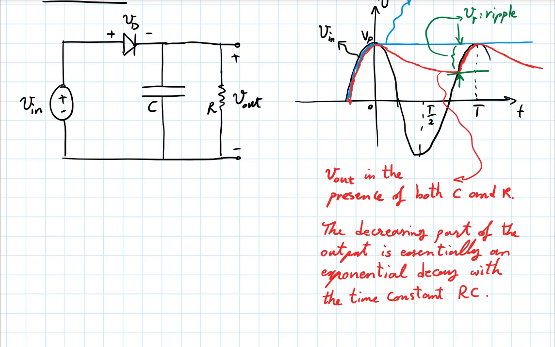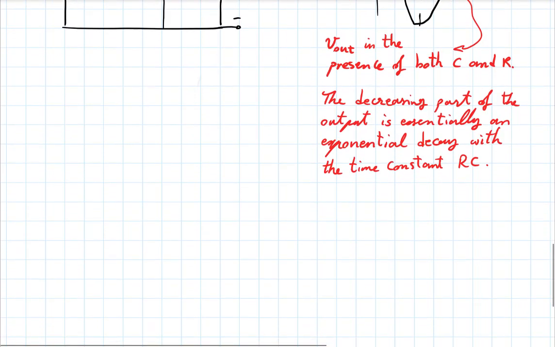And of course, for a good power supply, you want a small ripple, so a large capacitance. And what I'd like to do next is to calculate the value of the ripple voltage as a function of the parameters of the circuit. So that's my next exercise. What is the ripple voltage?